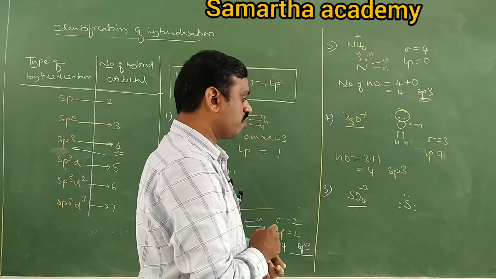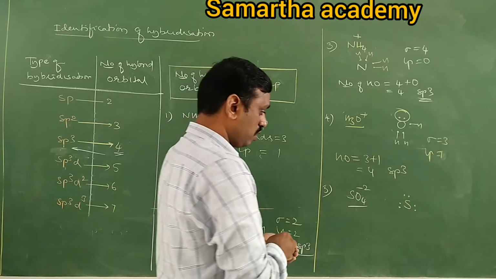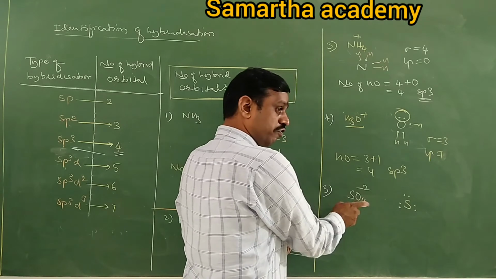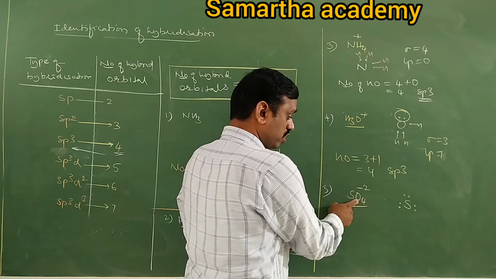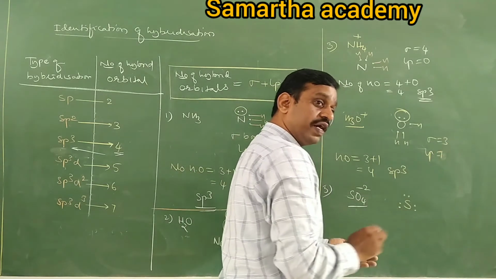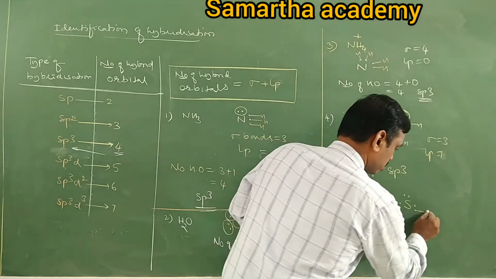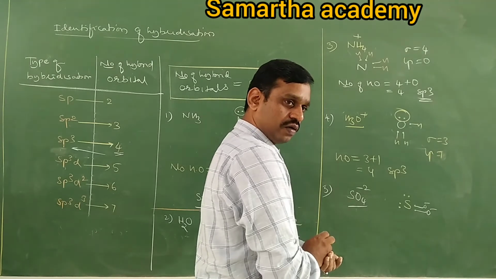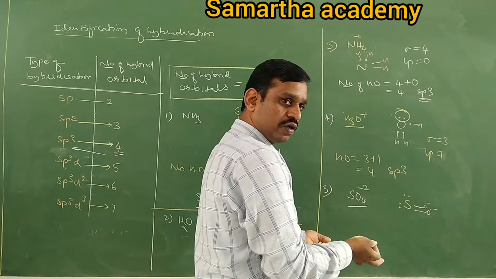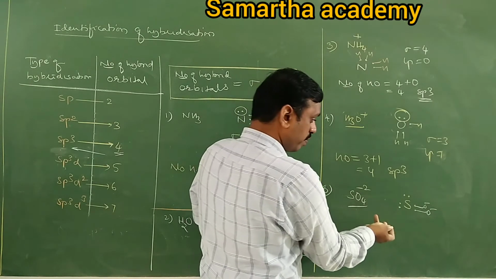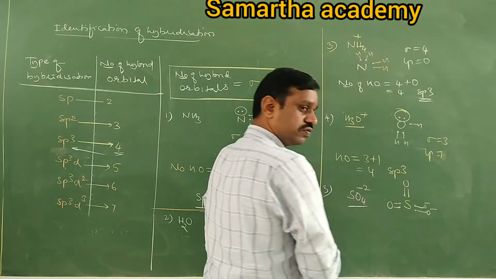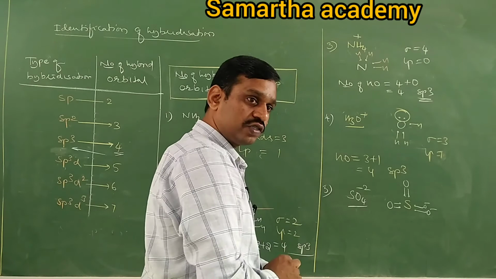Do you know what is the meaning of minus 2? Okay, gain of 2 electrons, of course. Now here there are 4 oxygens. In 4 oxygens there are 2 oxygens carrying minus 1 charge. It means something like this, O minus, O minus. That is the meaning, no? Then what about the remaining? Double bond O, double bond O. Do you understand?